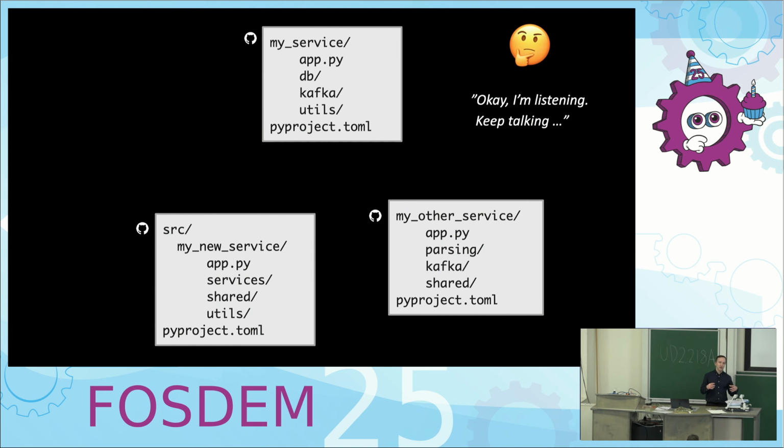You start to diverge because things evolve and tools are developed. And also maybe you get new ideas on how to structure your code. You see this third one has this source layout. So things might start to look a little bit different. I think that's at least a risk or a probability.